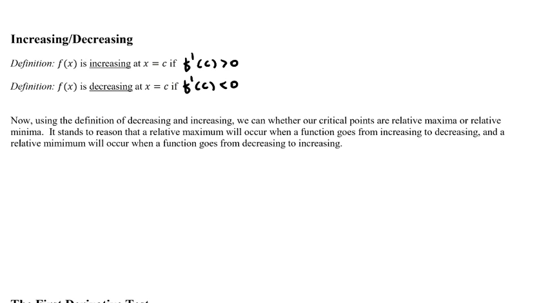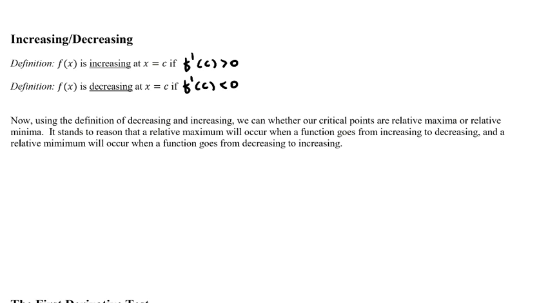And then what we're going to use increasing and decreasing for is generally to find where extreme values of a function occur. It doesn't take a lot of imagination to see that, in a lot of contexts, a person might be interested in maximizing or minimizing some kind of quantity. In a business, they're looking to maximize profit.